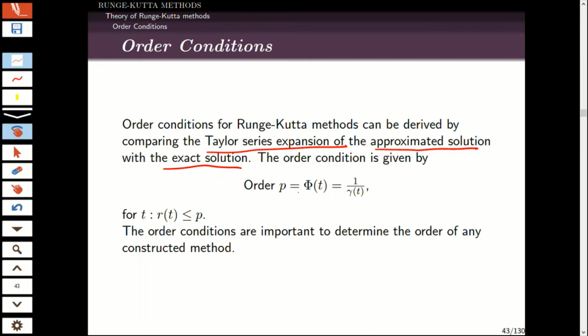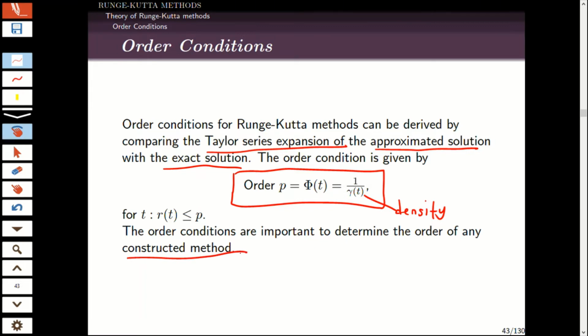So the order condition is given by psi(t) equals 1 over gamma. What is my gamma? This is my density. The order condition is important to determine the order of any constructed method.